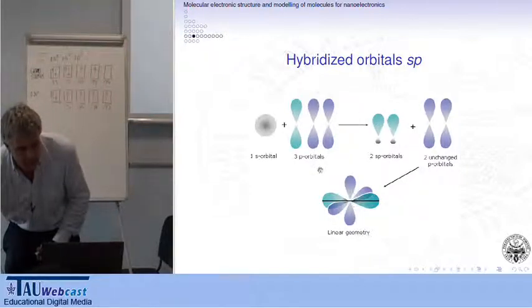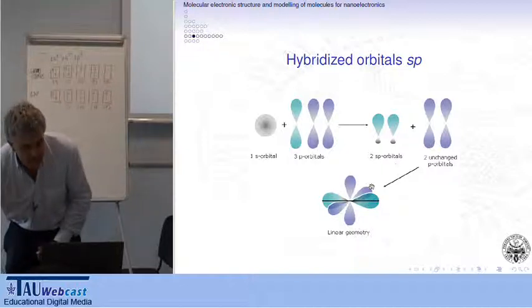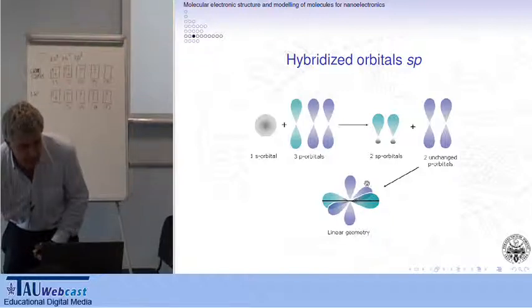These two shapes are x-oriented in this case, and the other two, py and pz, are this one and this one. So you have a structure where the angles between the sp orbitals and the p orbitals are defined by the geometry of the orbitals.